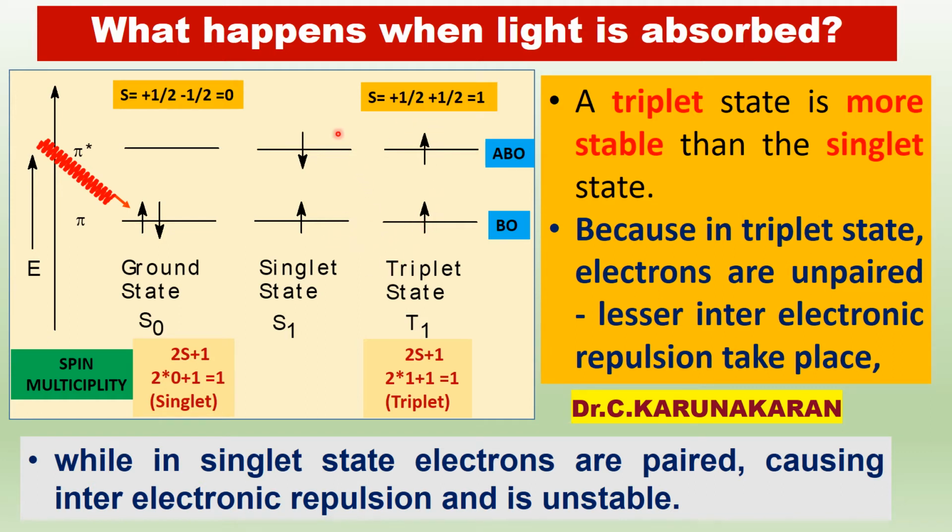Whereas in the singlet state, the electrons are paired, so there is more interelectronic repulsion. Therefore, the singlet is slightly less stable than the triplet. So the energy of the triplet state is lower than S1. We will study this further in the Jablonski diagram.